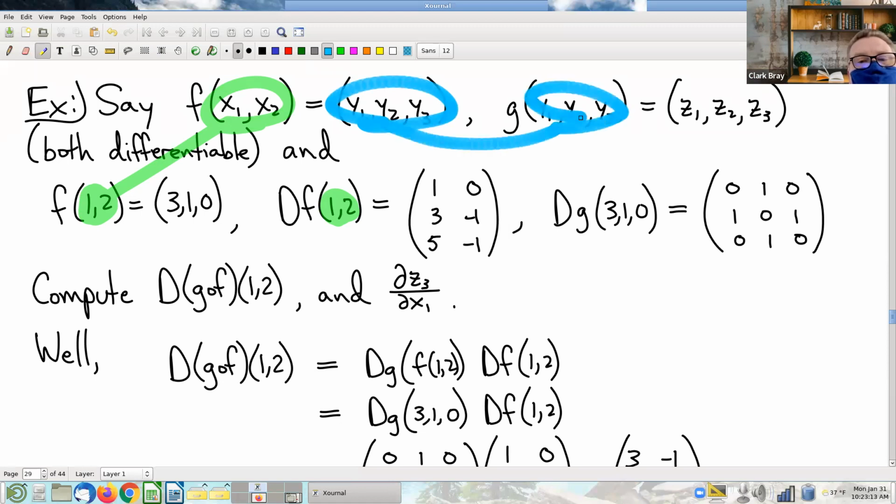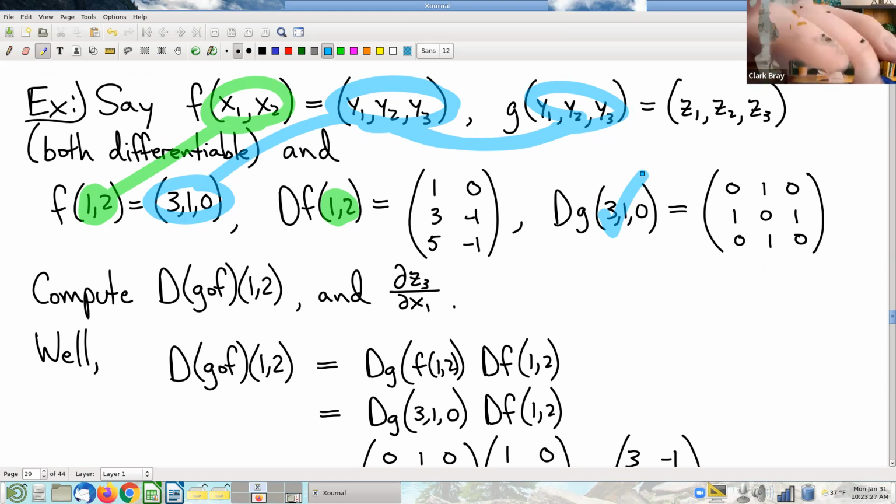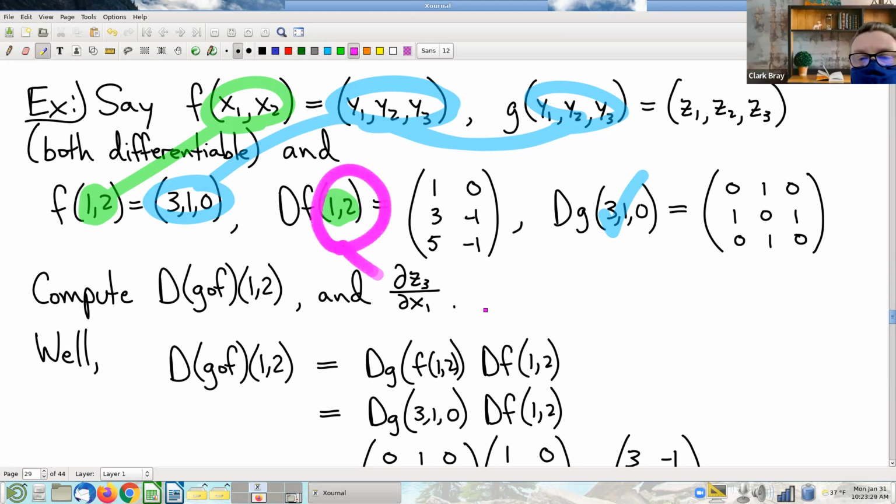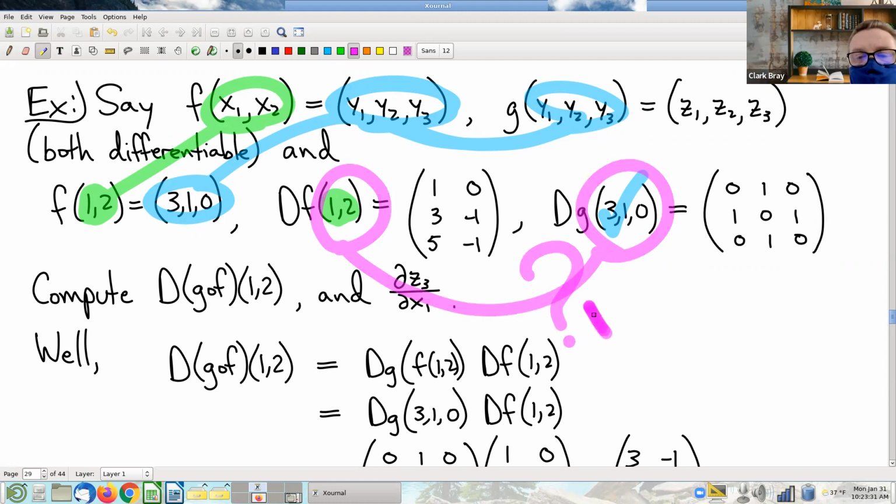See, g is evaluated at what comes out of the f function. So g is being evaluated at the point (3, 1, 0), and that's the point where I know dg. So it's not only okay that these points are different, it is necessary that these points are different.